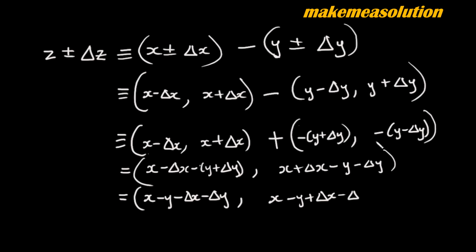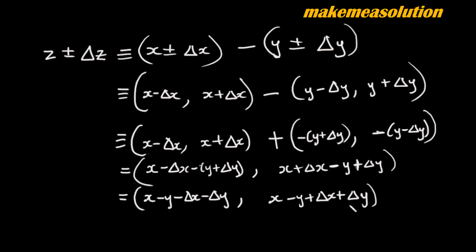oh, I actually missed something in this place. What did I miss? When we were opening these brackets, this minus sign is supposed to do minus minus, and this is supposed to be a plus. Sorry, so this is a plus delta y. Okay, so minus times y is minus y, minus times delta y is plus delta y.